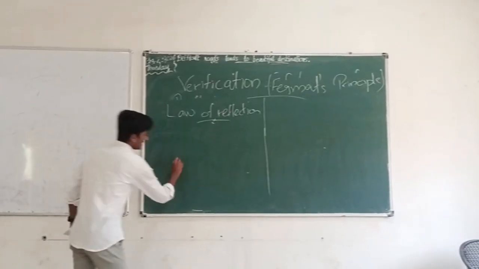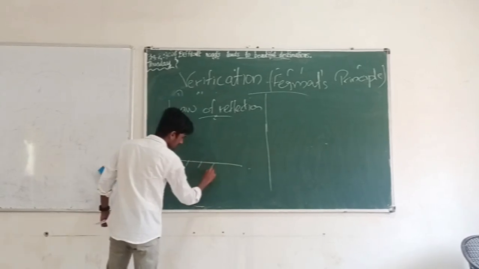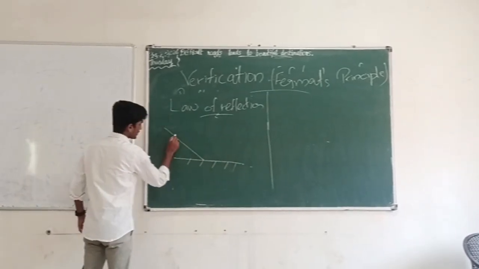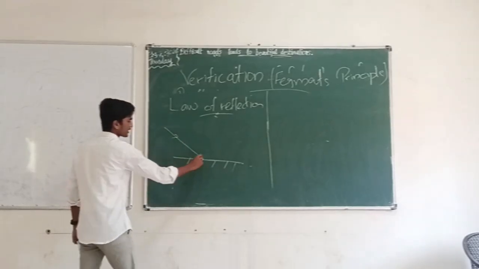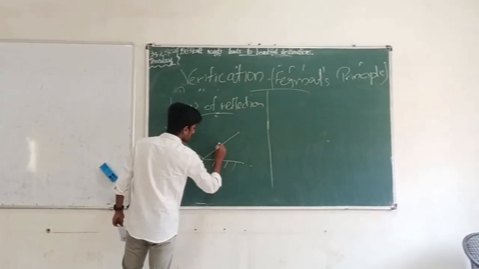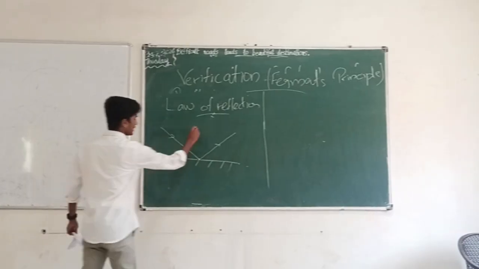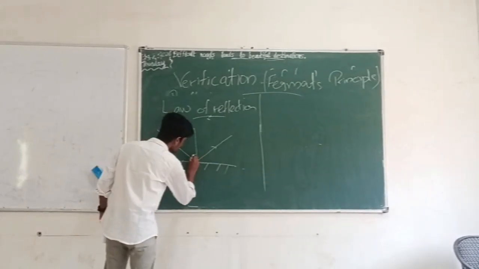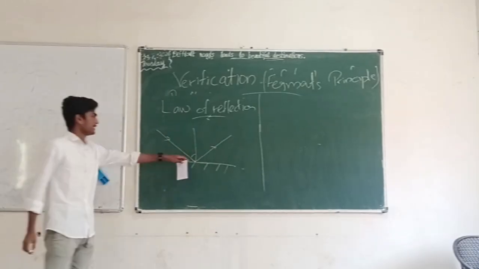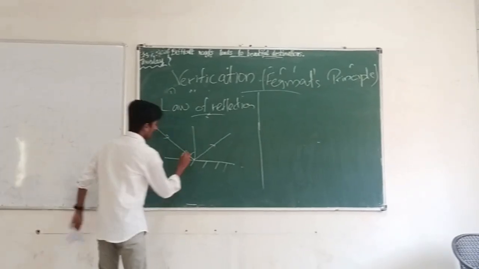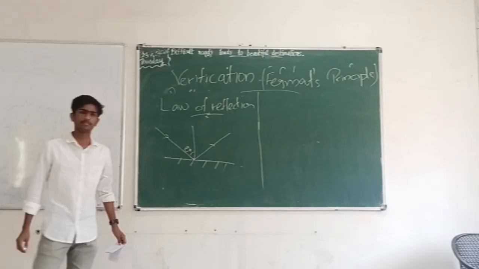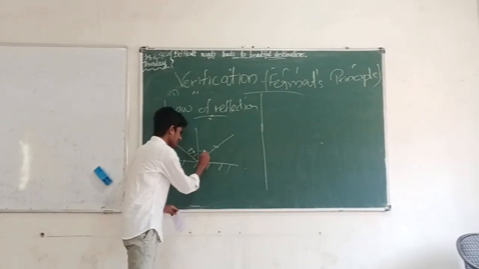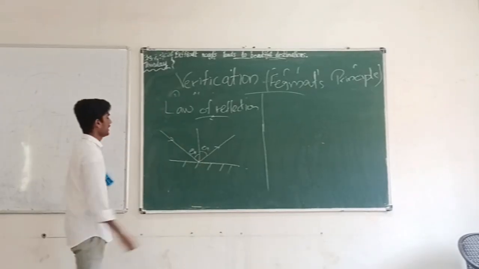For that, consider a plane mirror. The incident ray comes and hits the plane mirror, and it goes in a certain way. The angle between the incident ray and normal is the angle of incidence, I am taking theta 1. The angle between the normal and reflected ray is theta 2.